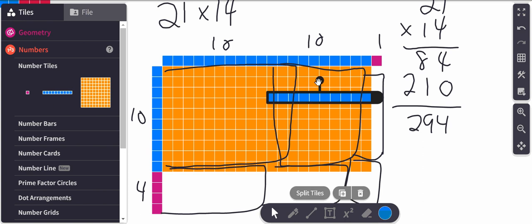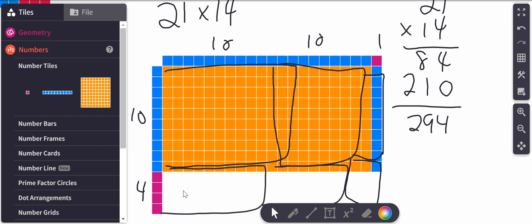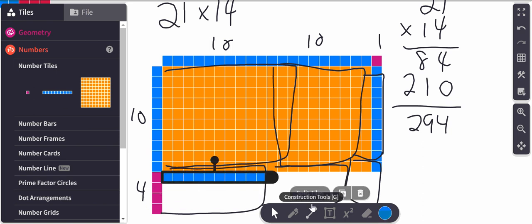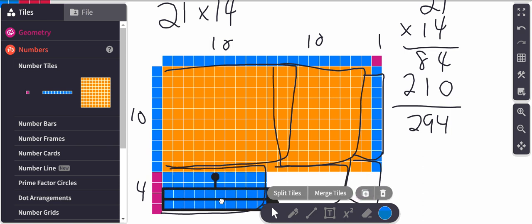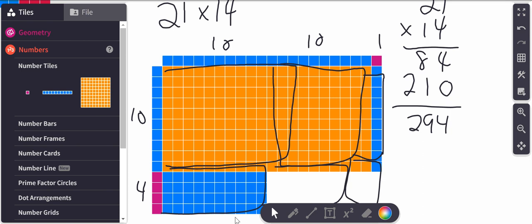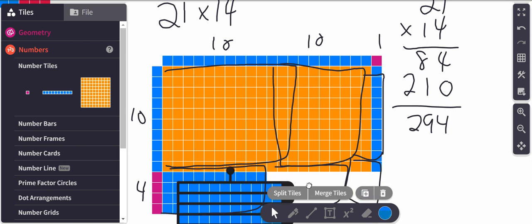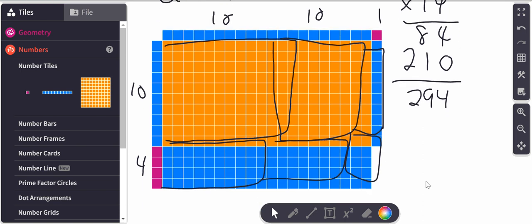My 1 by 10 would be here. And I'm going to have a series of 4 groups of 10. So I'm going to copy that. And I'm going to highlight those 2 and copy that. And that gets repeated. And then I have 4 little ones here.